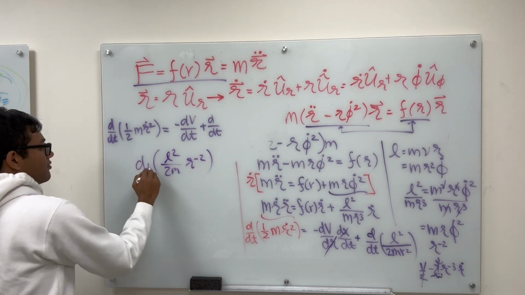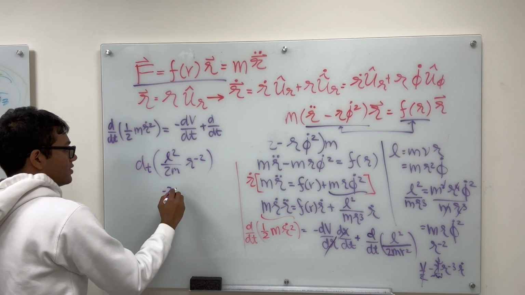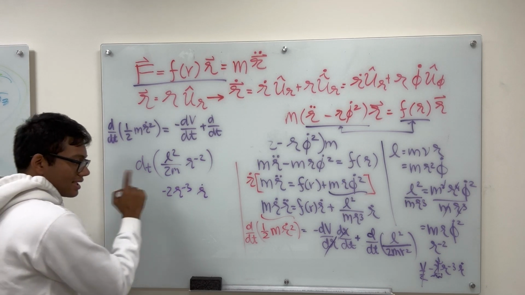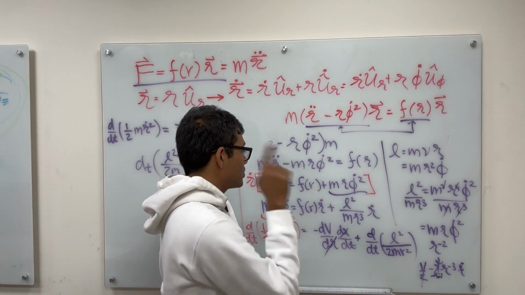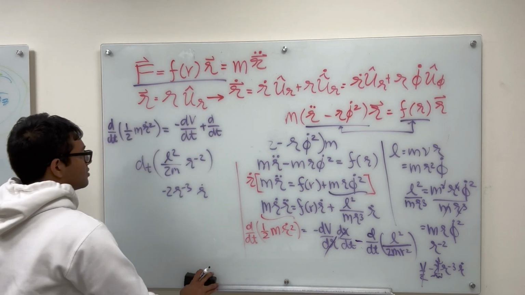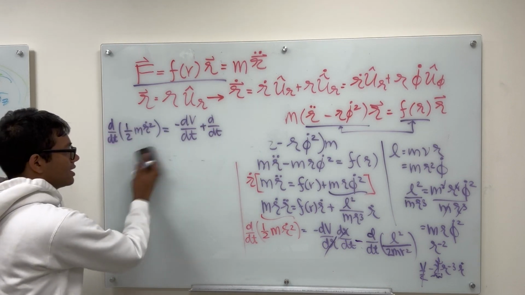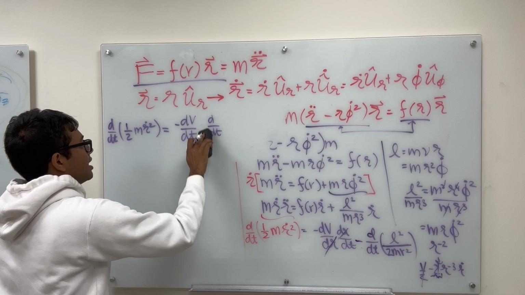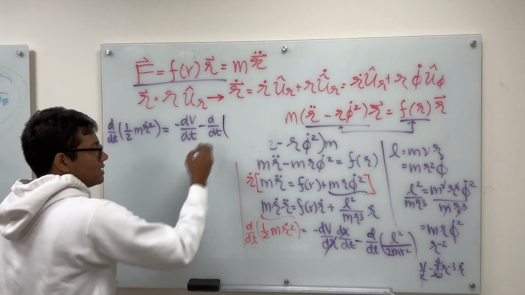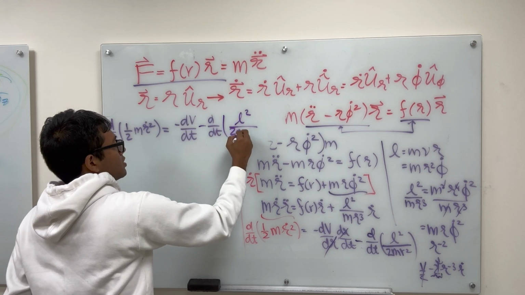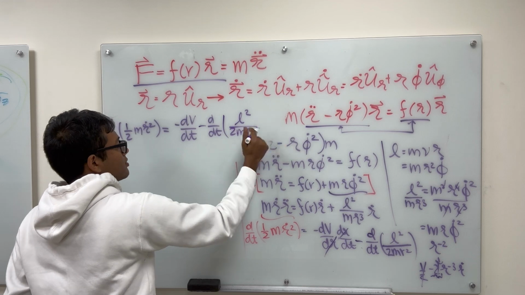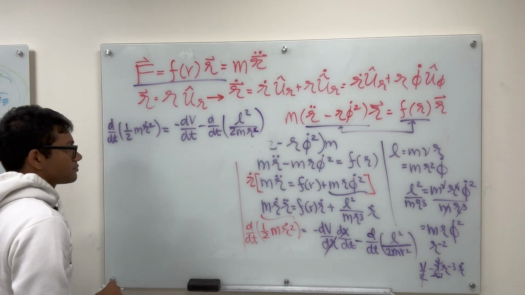Take the temporal derivative of this: negative 2 r to the negative 3 r dot. That is going to give me a negative sign on the front, which I do not want. So actually this should be negative indeed. That's how geniuses fix their mistakes. In real time, I figured out that this should be a minus sign. So minus d/dt of L squared over 2 m r squared, not cubed. Taking the time derivative will give you the cube.